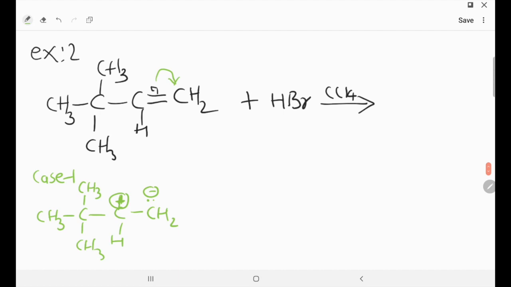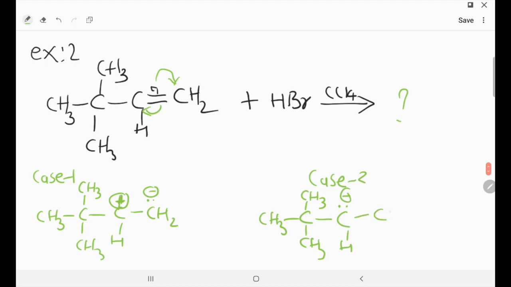Now the second possibility, or case 2, the product is a question mark. So in case 2, suppose we are shifting this electron onto this particular carbon. In that case CH3, C, CH3, CH3, here one more C, here H, here electrons, here CH2 and plus charge.